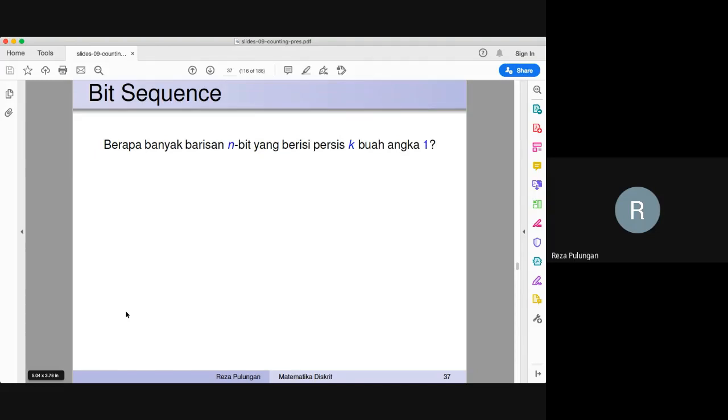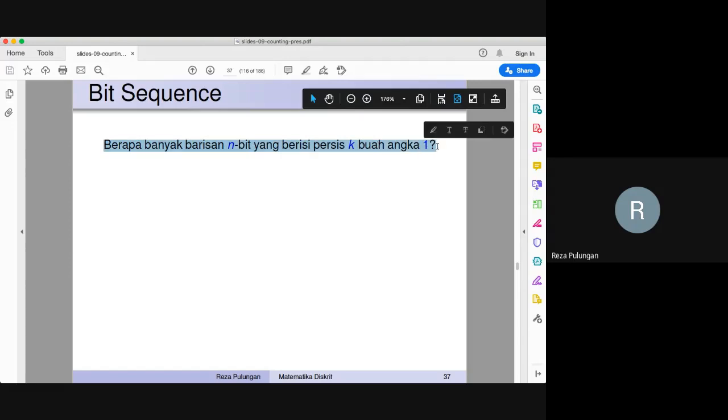Remember our donut problem, how to select a dozen donuts with 5 flavors, and I have already mentioned before that this is equal to the number of 16-bit binary numbers, so n is 16, that exactly contain 4 ones. So if I know how to deal with this problem, then we know right now how to deal with our first problem.